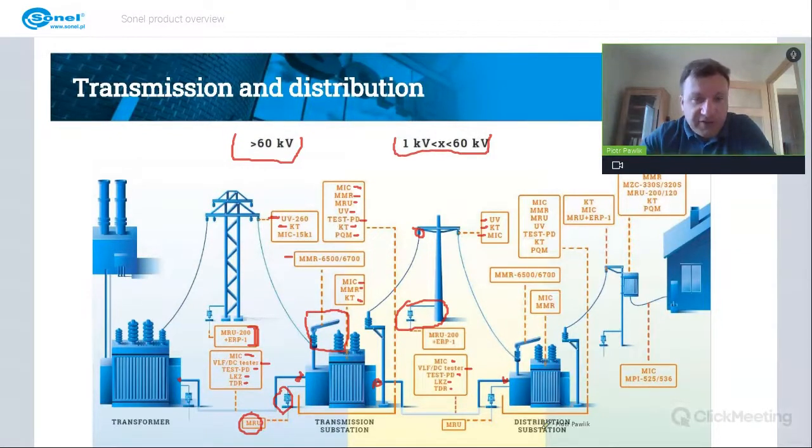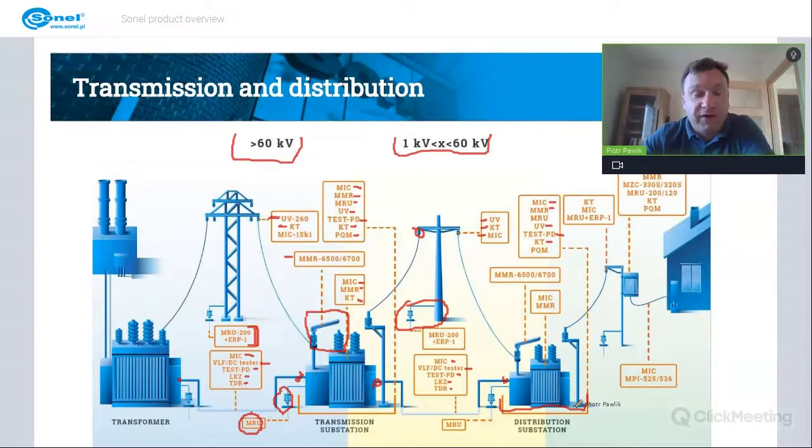Okay, so we got to a distribution substation, and here's a similar situation like on the transmission substation. For the whole station, we can check insulation using insulation resistance meters of MIC series, any continuity, that's the micrometers of MMR series, corona effect with the UV camera, partial discharge on cable terminations, that's test PD, thermal imagers of KT series.